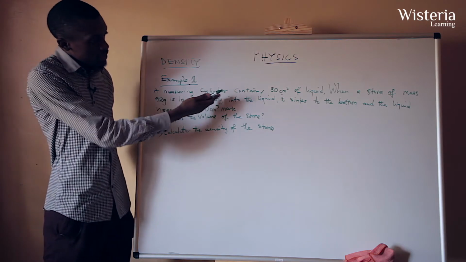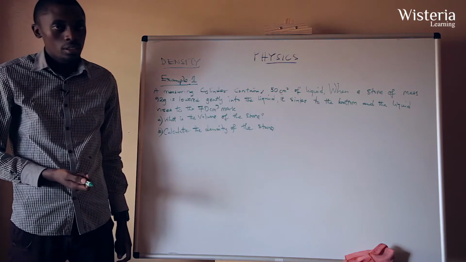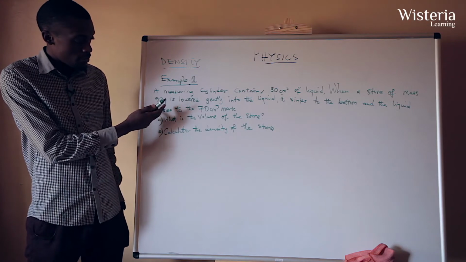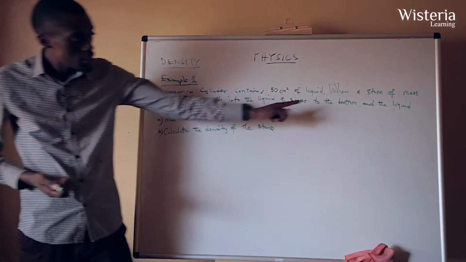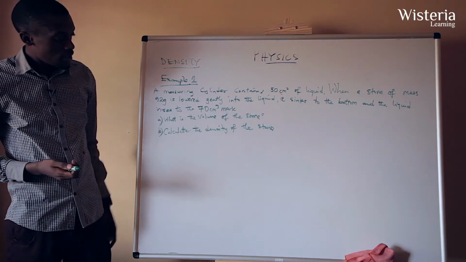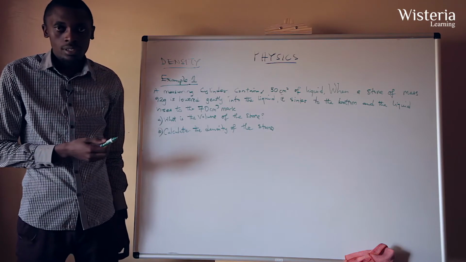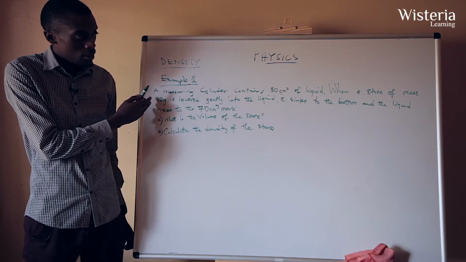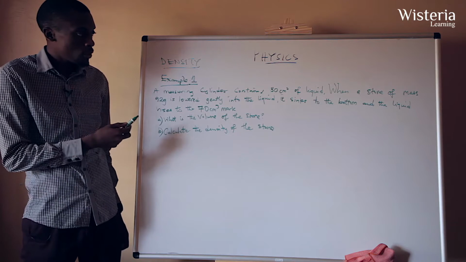A measuring cylinder contains 30 centimeter cubed of a liquid, and when a stone of mass 92 grams is lowered gently into this measuring cylinder, it sinks to the bottom and the liquid rises to the 70 centimeter cubed mark of the measuring cylinder. So if you can relate with me, this is the displacement method we were discussing earlier on.